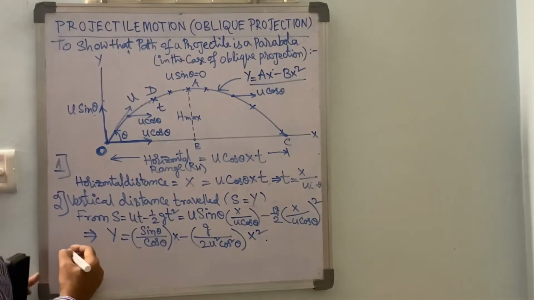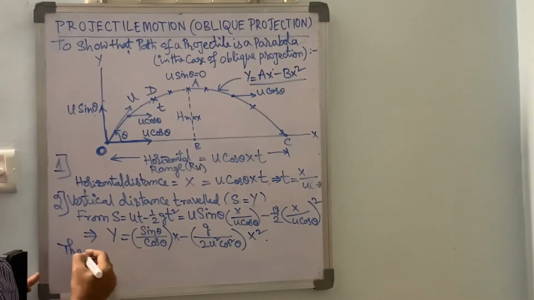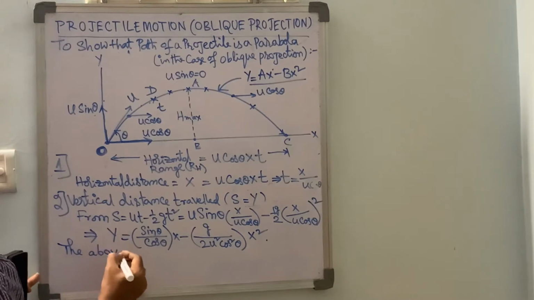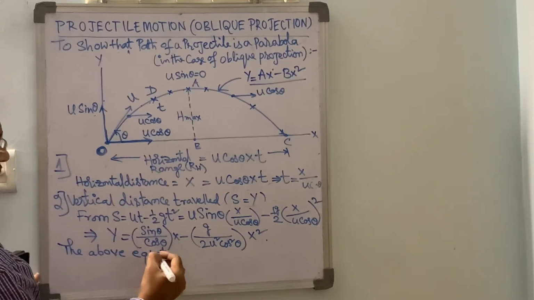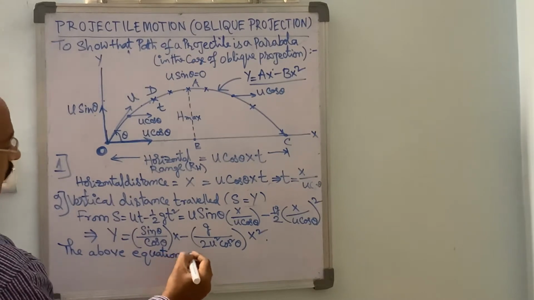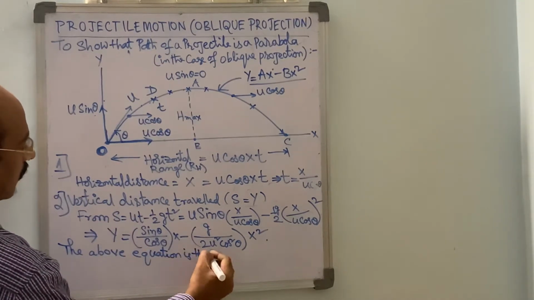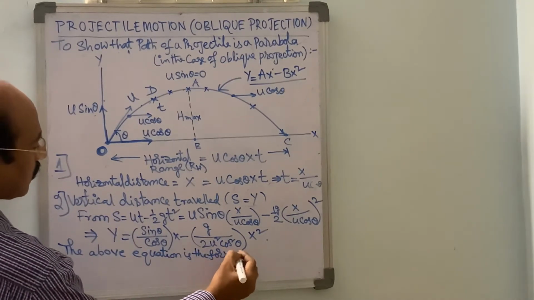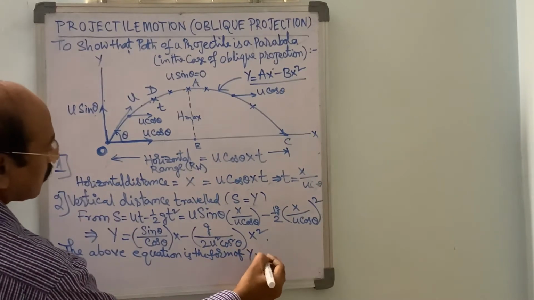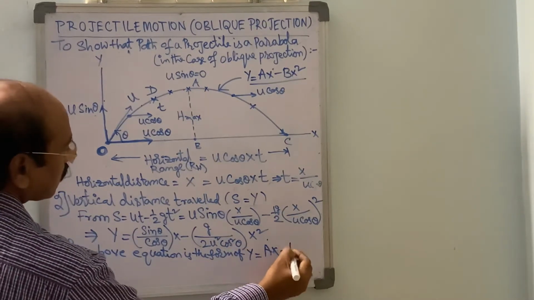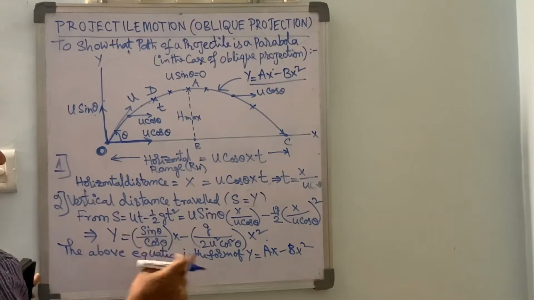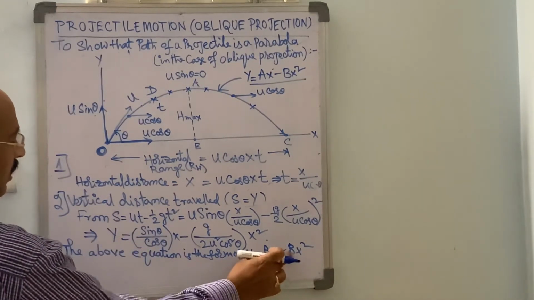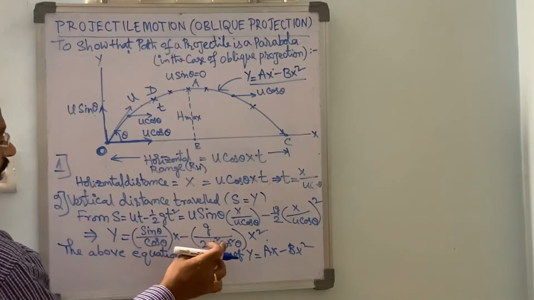The above equation is in the form of y equal to ax minus bx square, where a is equal to sin theta by cos theta, that is tan theta, and b equal to g by 2u square cos square theta.